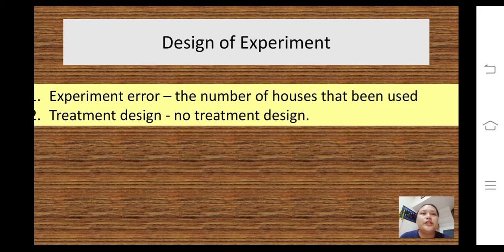For the design for the experimental error, the number of houses that has been used. For treatment design, there is no treatment design for this experiment. For this experiment, the principles of experimental design have been applied.